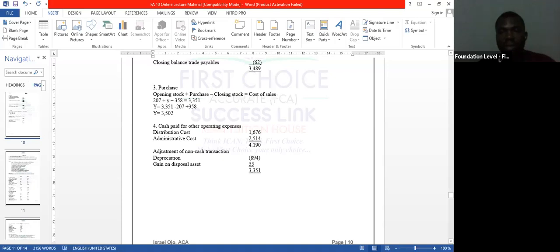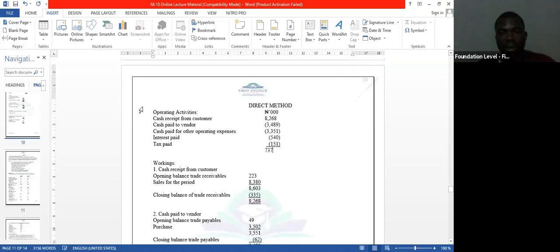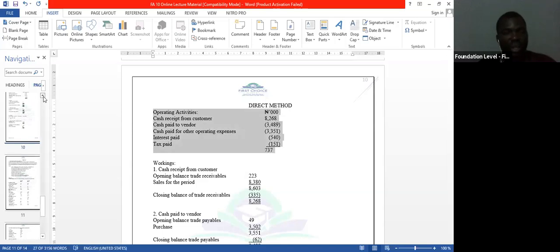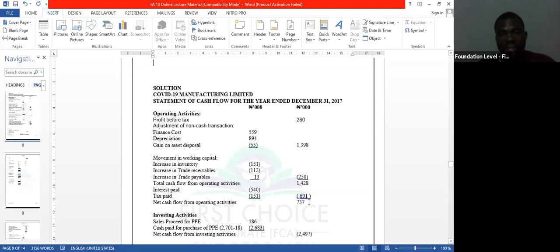So if we look at the operating activities there, we have 737 using the direct method. If we check the indirect method that we solved here, can you see? We have also 737. So the net cash flow from operating activities under the indirect method is 737.